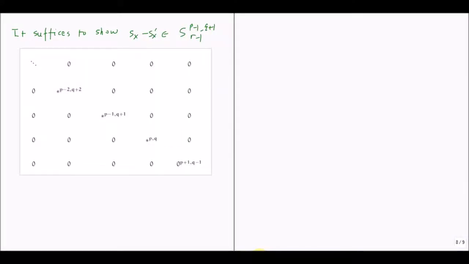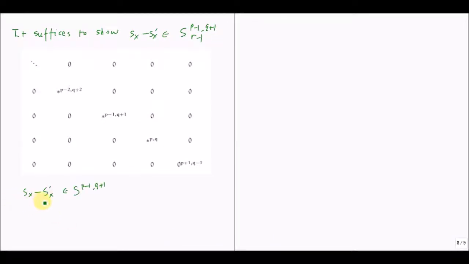Both s_x and s prime sub x are pq strips, but they have the same leading term in here. So s_x minus s prime sub x must be a p minus 1, q plus 1 strip, because s_x and s prime sub x have the same leading term.